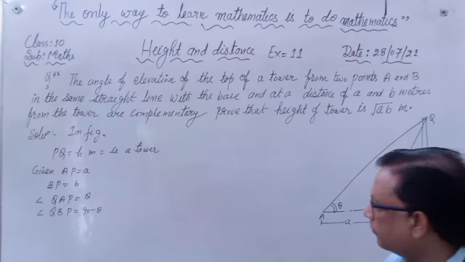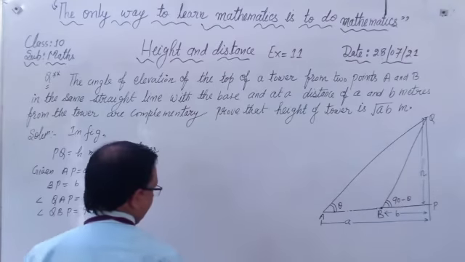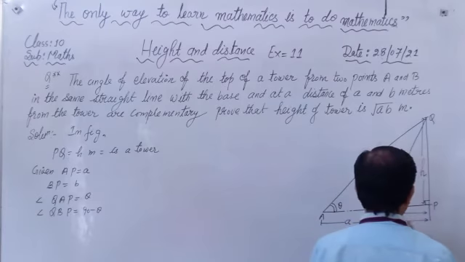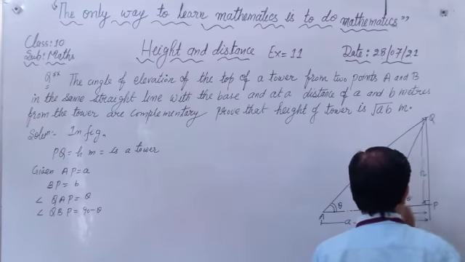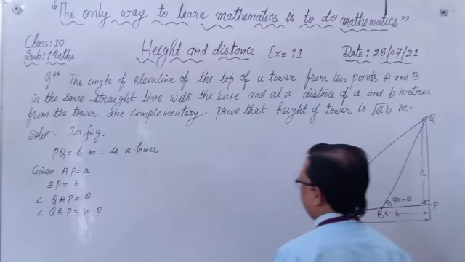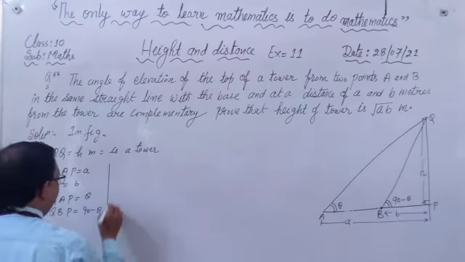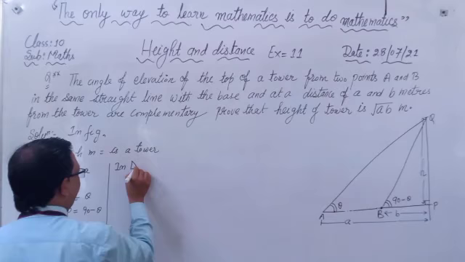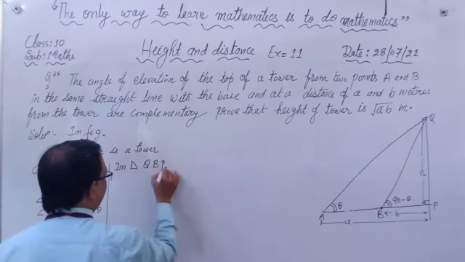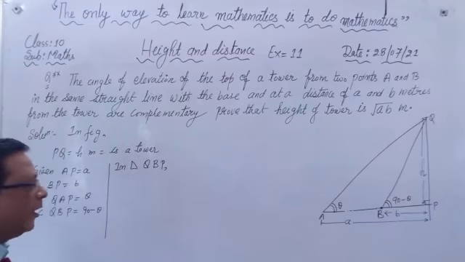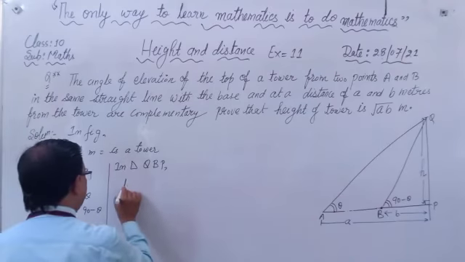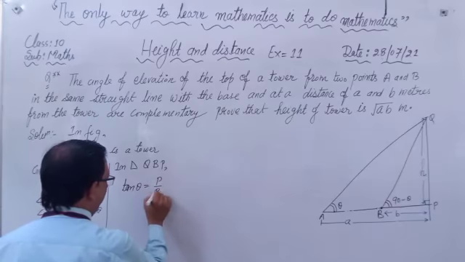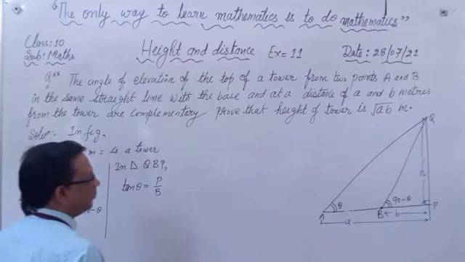Now we take two right angle triangles. First we take right angle triangle QBP and we apply tan theta. So we know that tan theta is equal to perpendicular upon base. Here in place of theta we use 90 minus theta.